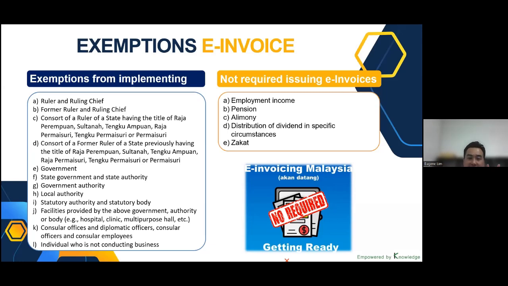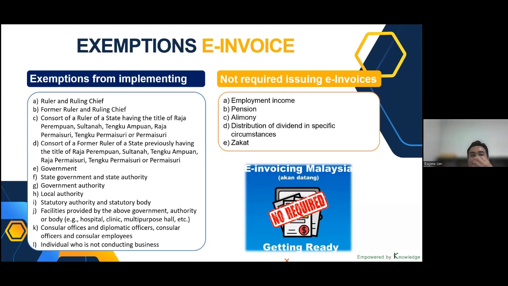Then there are another 5 types of transactions or expenses that are not required to prepare e-invoice. First, we talk about employment income. Second is pension. Third, alimony. Fourth is the distribution of dividends. For the distribution of dividends, there are a lot of types. If you are a REITs company, a public mutual company, or you have mutual fund declarations, that one you need to prepare e-invoice.